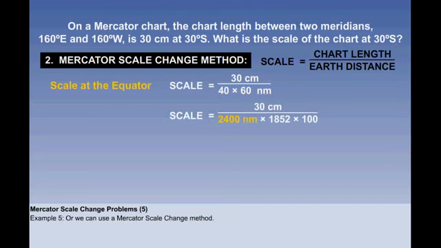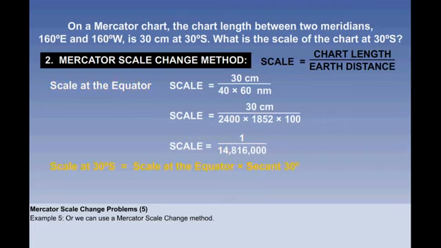Multiply the nautical miles by 1852 to convert to meters, and then by 100 for centimeters. This gives the scale at the equator as 1 to 14,816,000. Now we simply have a normal Mercator scale change problem, just like example 1.